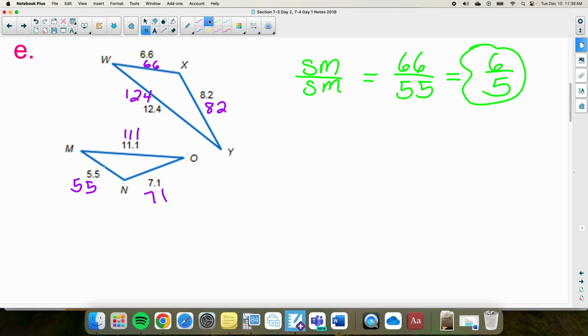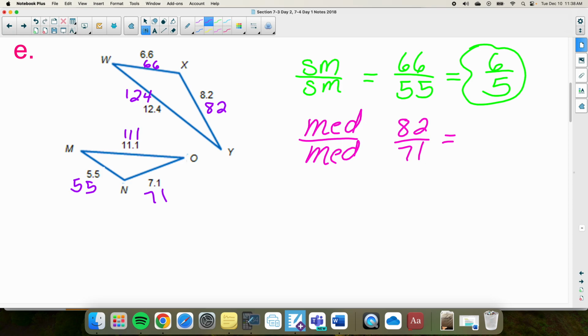Then what I'm gonna do is do medium over medium. When I do that, the medium size side here is 82. The medium size side here is 71, okay?